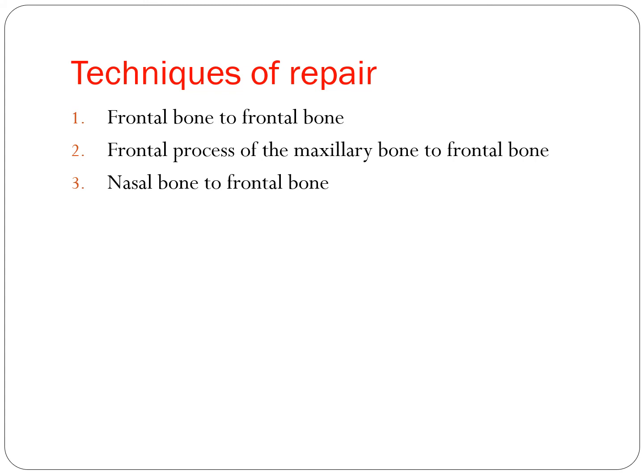Techniques of the repair: the frontal bone, the frontal process of the maxillary bone to the frontal bone, nasal bone to the frontal bone. You want to reduce the fractures, because there will be frontal bone fracture, then maxillary bone fracture, frontal process of the maxilla, nasal bone, everything.